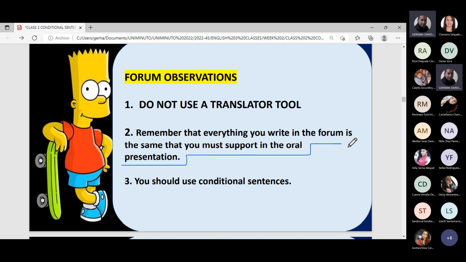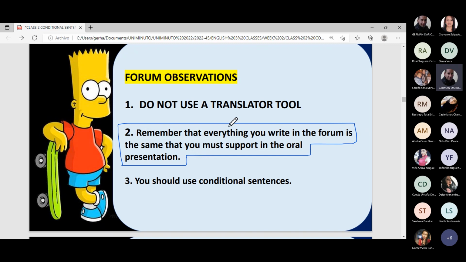Sometimes when you write the forum, you write very beautiful things, but when we are going to say those things, we fail. So it's important that you try to construct your own ideas. And remember to use conditional sentences, because we are using conditional sentences.